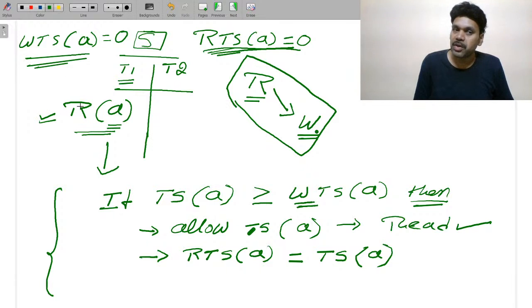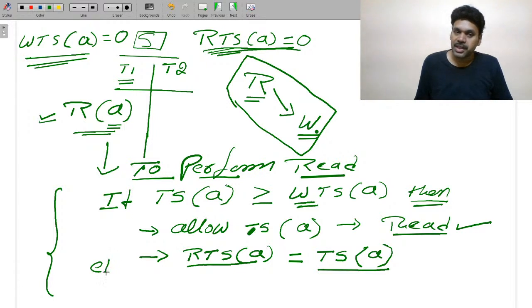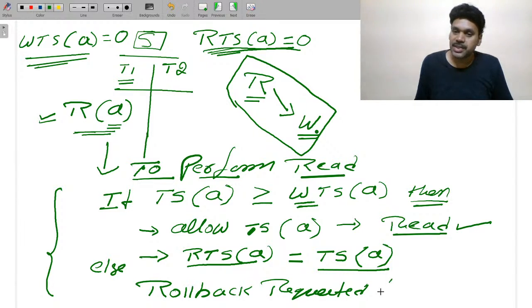If you perform a write operation, the write timestamp will be updated. To perform a read, this condition is mandatory. If it is satisfied, then allow the transaction to perform the read, then update RTS of A with TS of A. If it is not, then immediately we roll back the requested transaction.